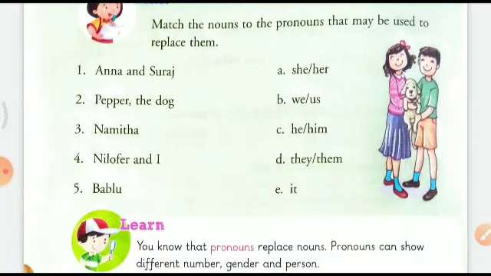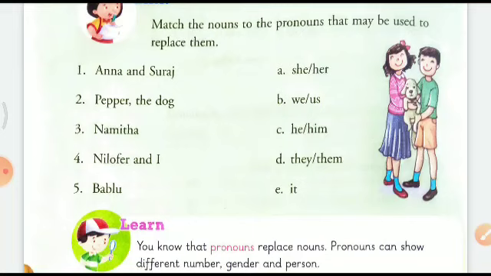Right? Or rather, Anna and Suraj, so we can match them with he or him. Pepper the dog, it can be it.